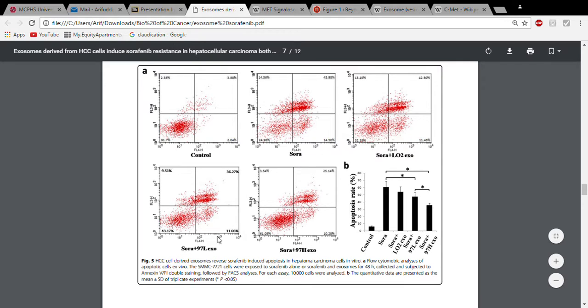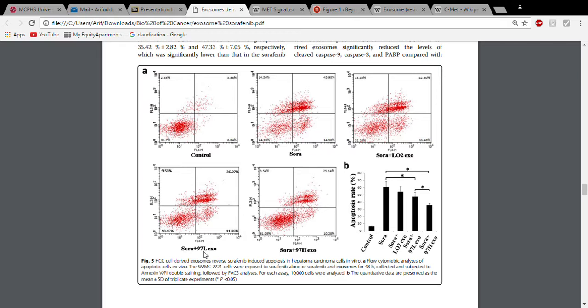But when you go to the next apoptosis assay, treated with sorafenib and the 97L exosomes, which were derived from the invasive liver cancer, you can see a much bigger decrease compared to regular sorafenib and sorafenib plus the non-cancerous liver exosomes.